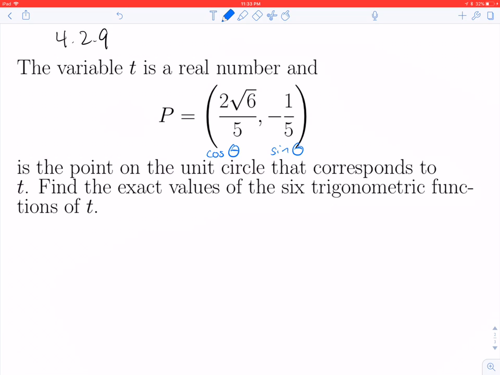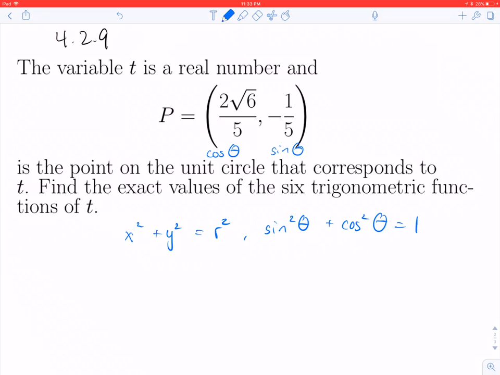Some equations that could pop up in this discussion: we can use x squared plus y squared equals r squared, and we know that the radius is 1. Or we can use sine squared theta plus cosine squared theta equals 1. I'm doing this off the cuff, so let's see how it evolves.